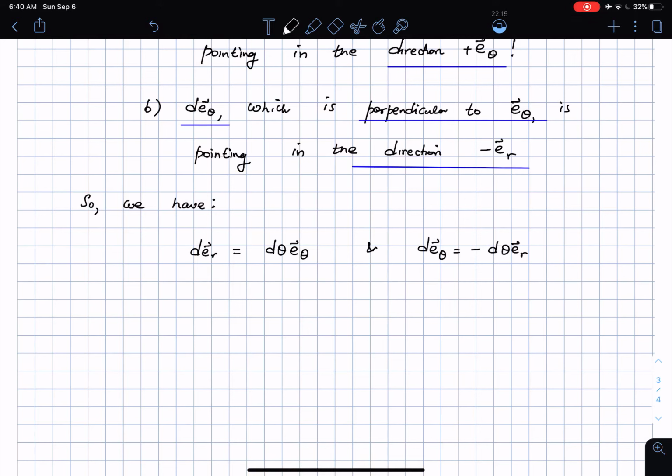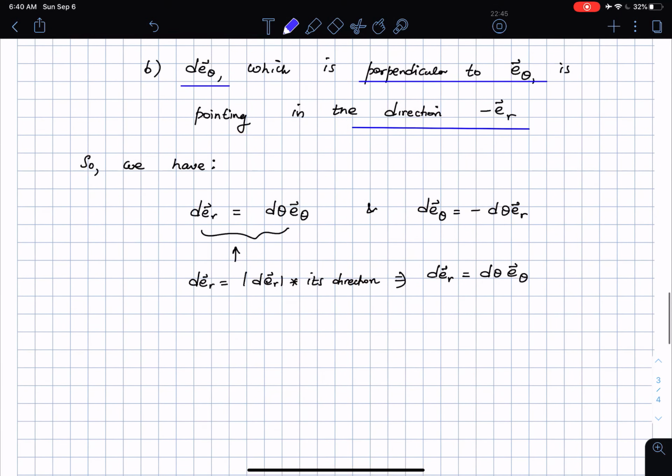And how did we get this? We got this by saying that dER is equal to the magnitude of dER times its direction, which is d theta. So this is how we obtained it. This is also something very important, so I'm going to box these couple of things. Let me maybe scoot this guy a little down.